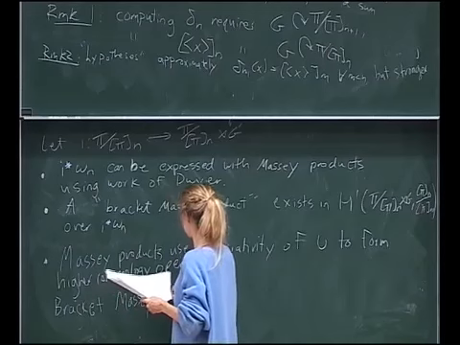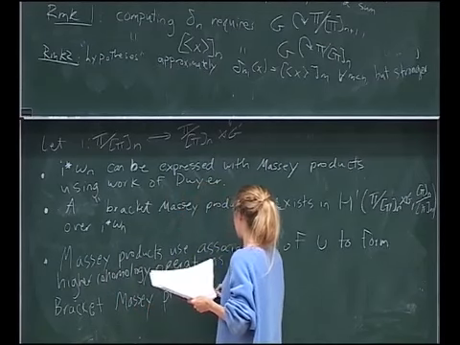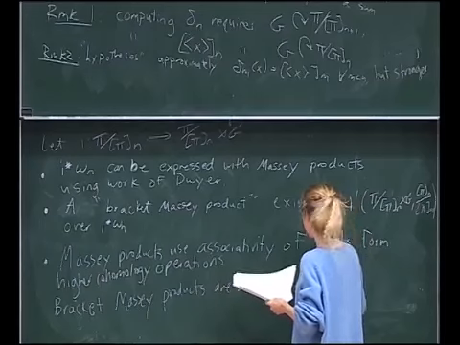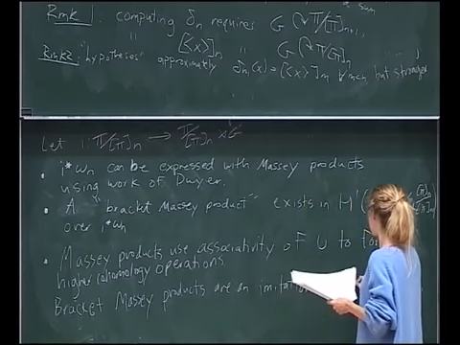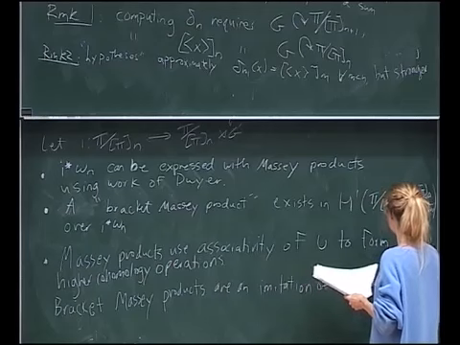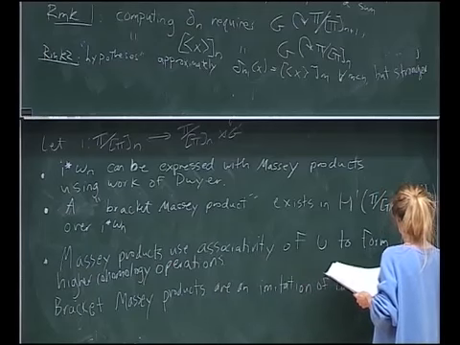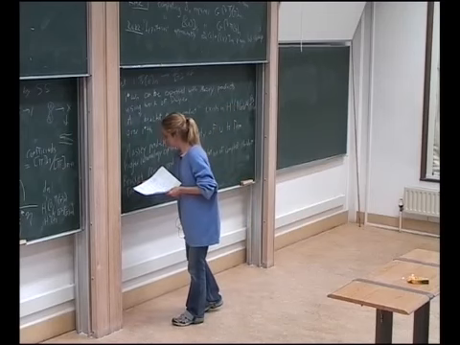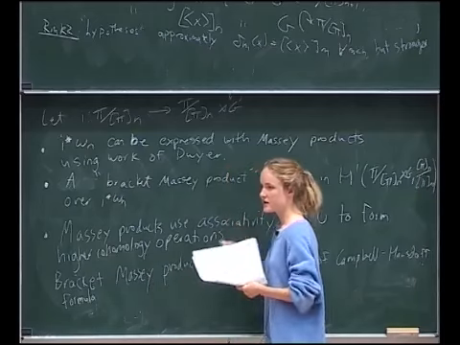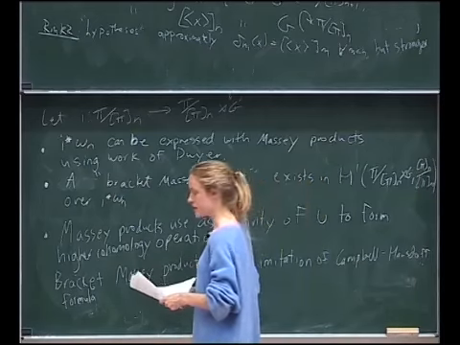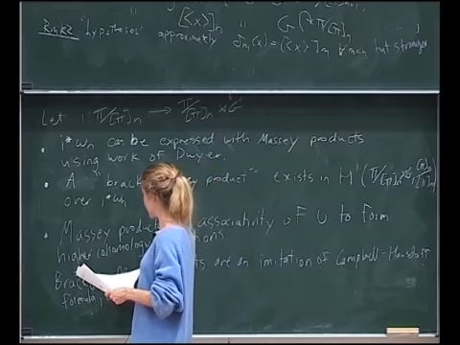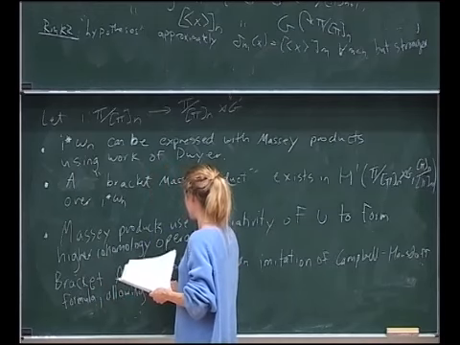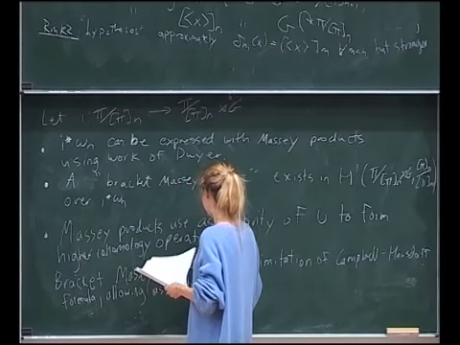And bracket Massey products are an imitation of the Campbell-Hausdorff formula that allow us to replace this associativity with the Jacobi identity on pi n.